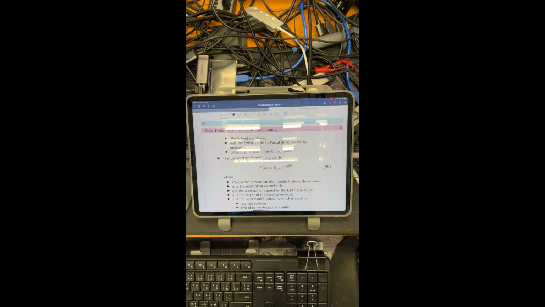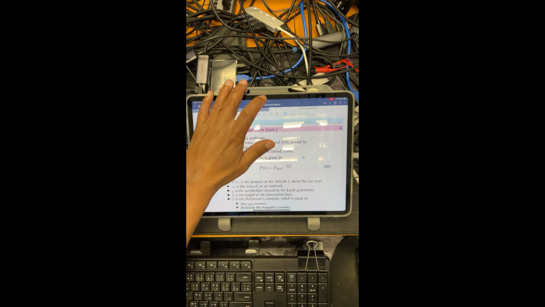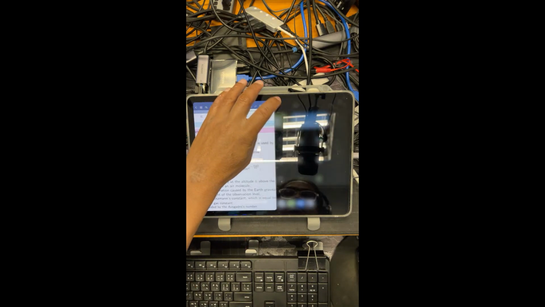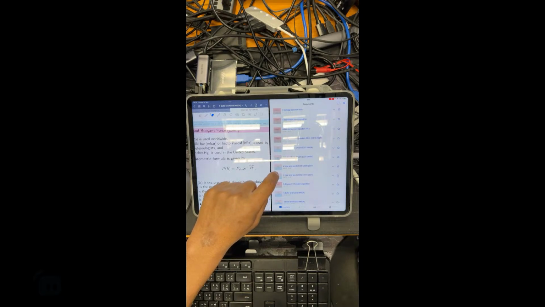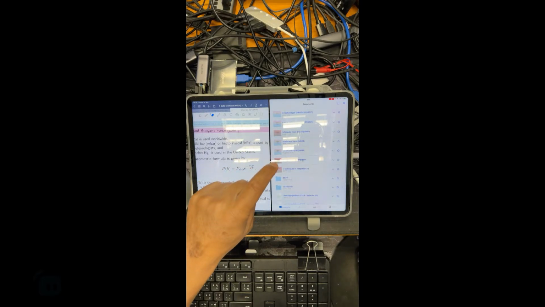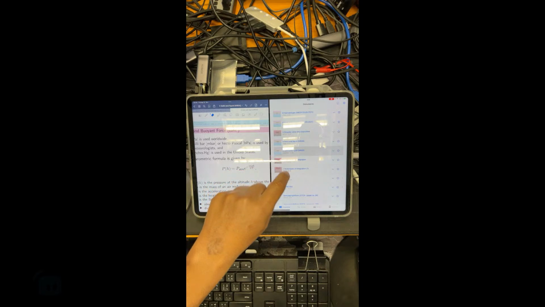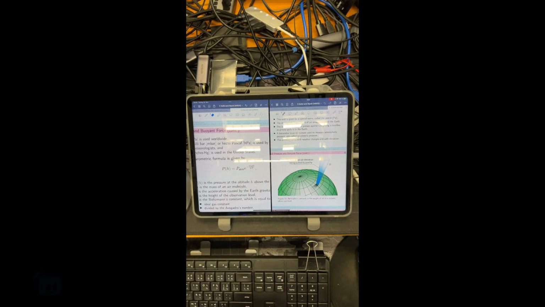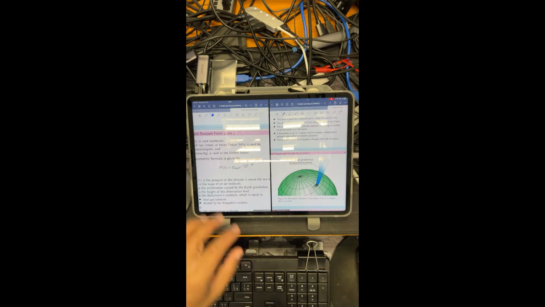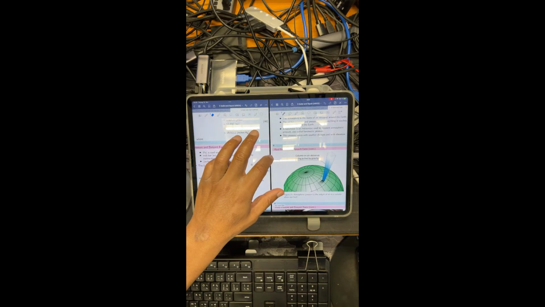So if you go higher from the sea level, let me open another note. If you go higher above the sea level, you will have less pressure.